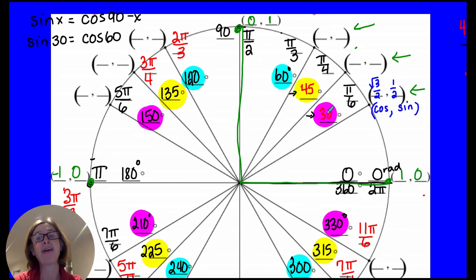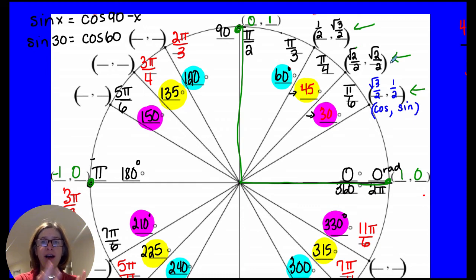So if at 30 degrees, pi over 6, it is root 3 over 2, 1/2, well, at pi over 3 it's going to be the complete flip of that, 1/2, root 3 over 2. And then the 45-degree angle, the pi over 4 angle, which comes from the 45, 45, 90 triangle that you reviewed in class, would be root 2 over 2 and root 2 over 2.